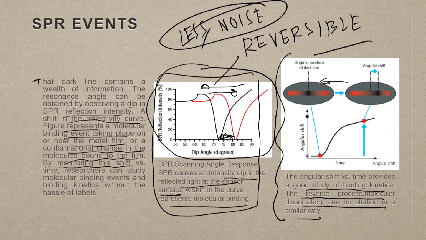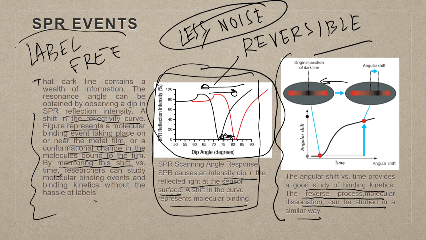By monitoring this shift versus time, researchers can study molecular binding events and binding kinetics without the hassle of labels. So, as I mentioned, it is a label-free technology of molecular recognition.